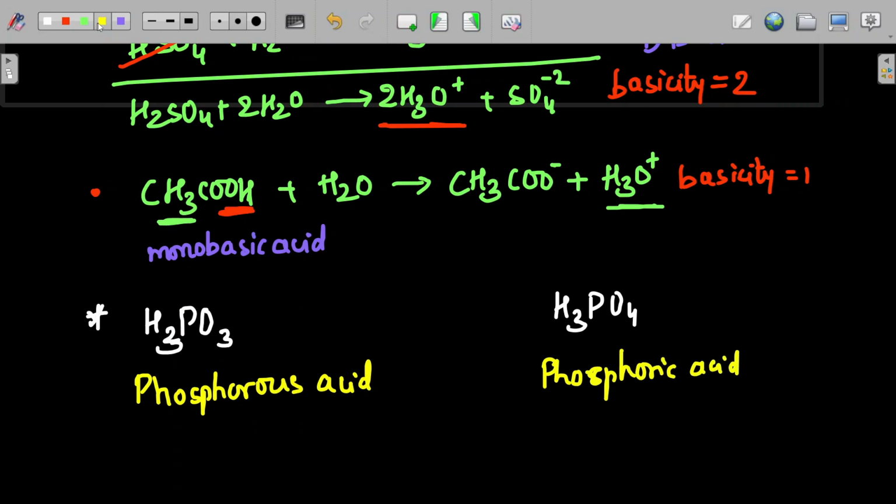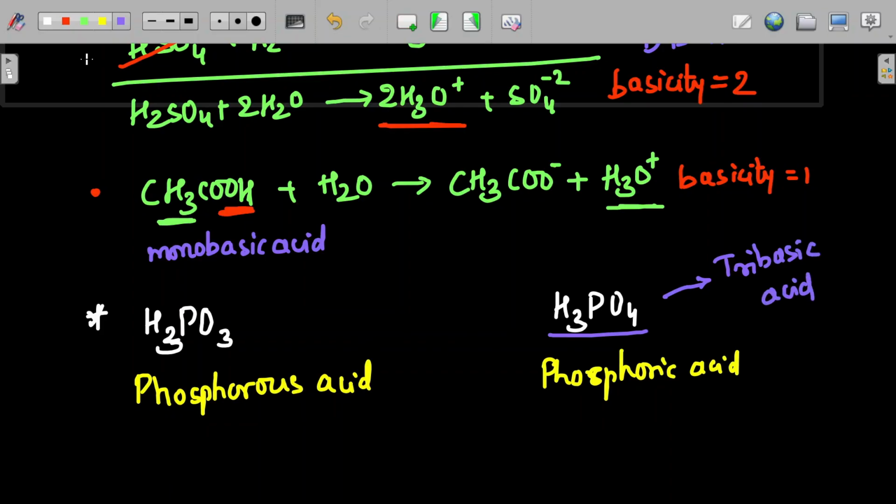Okay. So phosphoric acid, you have three hydrogens. All of them are replaceable or ionizable. Therefore, its basicity will be 3. So you call it a tribasic acid.